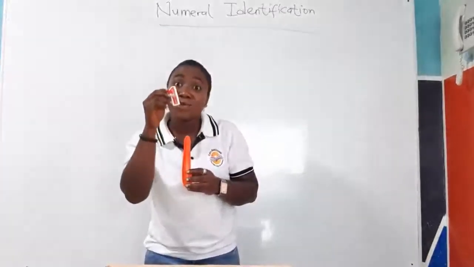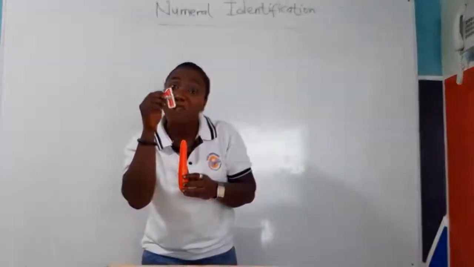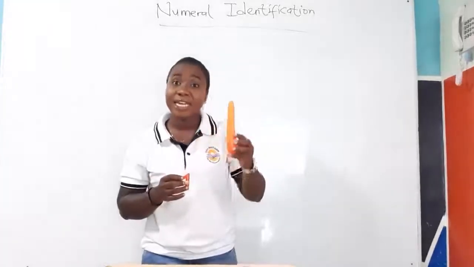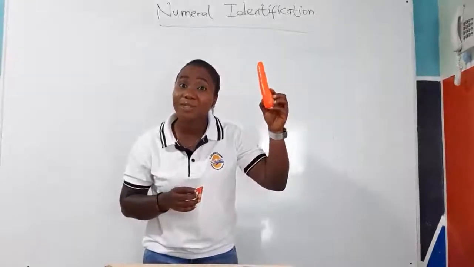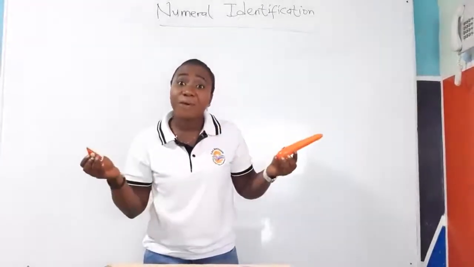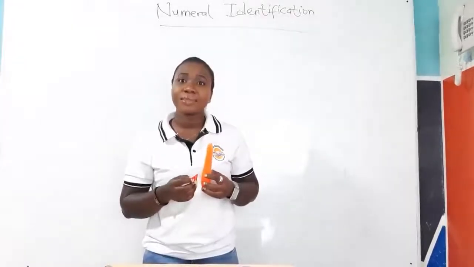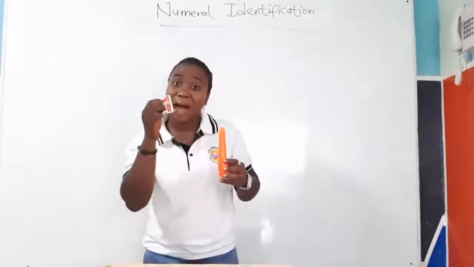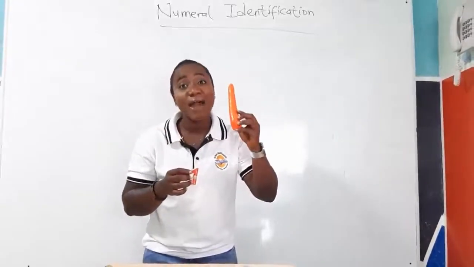So numeral is the representation of an idea. I have 1 carrot. How do I represent this idea? Good. 1. So 1 represented the idea 1 carrot.